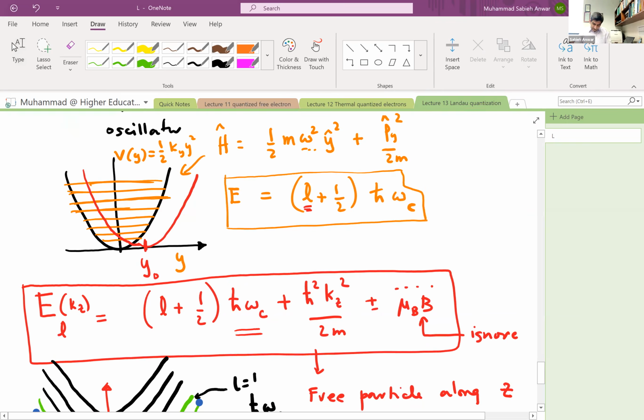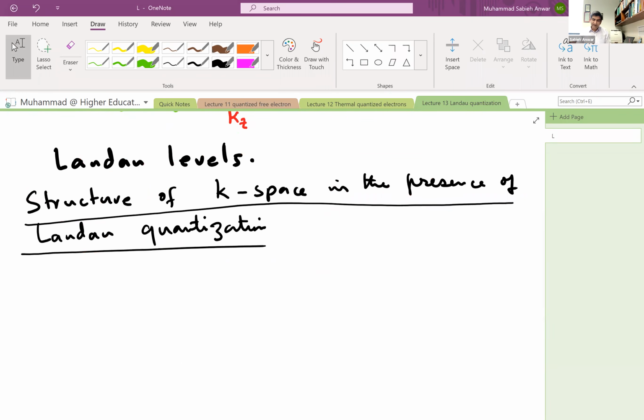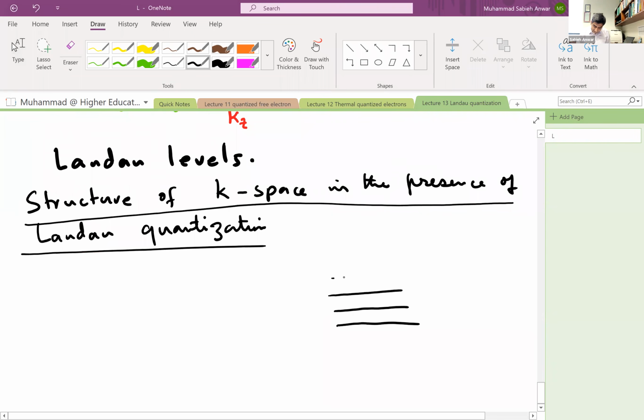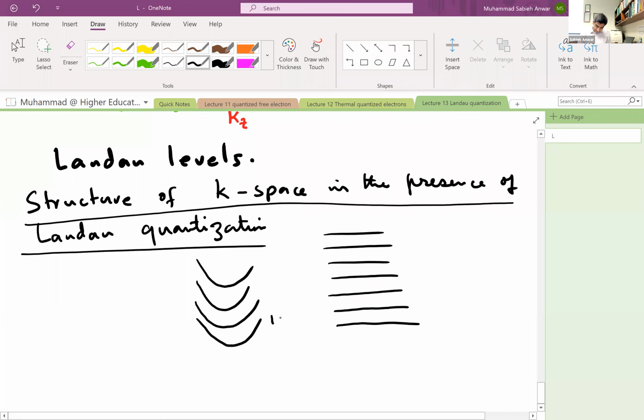Now, if we didn't have any kz term, these quantized energy levels would just be equally spaced like any other harmonic oscillator. But now, since we have to add the h bar squared kz squared over 2m terms to them, these levels get curved like a parabola. Now, this is the L equals 0 quantized Landau level, L equals 1, L equals 2, L equals 3.